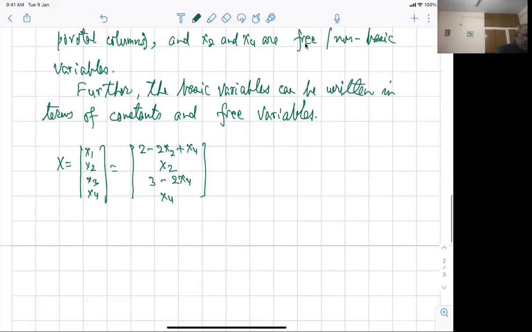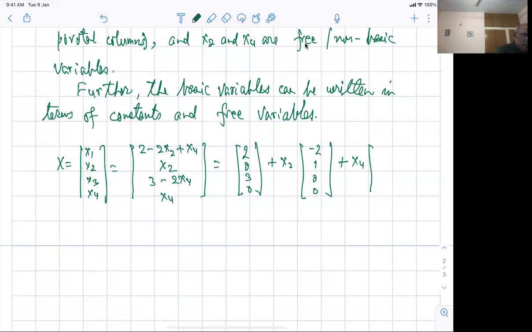We can break this vector in terms of 2 0 3 0, the constants, plus something which comes out from the x2 part. x2 is going to come from minus 2 here and 1 here, 0 here, 0 here. And look at x4. The important thing about x4 is that x4 can come at any place, but there is a 0 here as far as x4 is concerned, minus 2 and 1. Fine. So what I want you to keep track of is that there is a 0 here, and there is a 0 here.